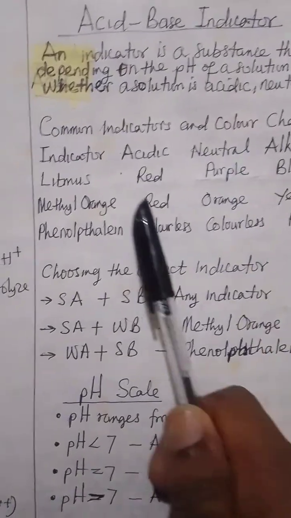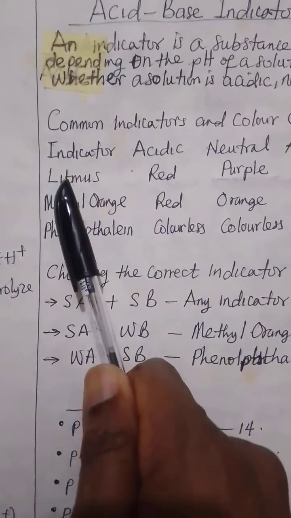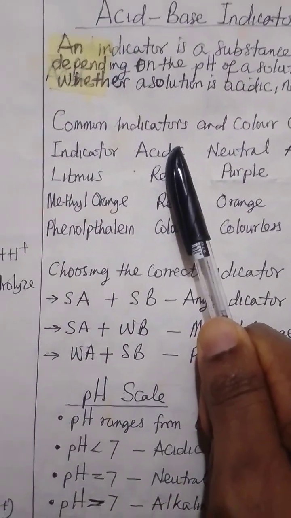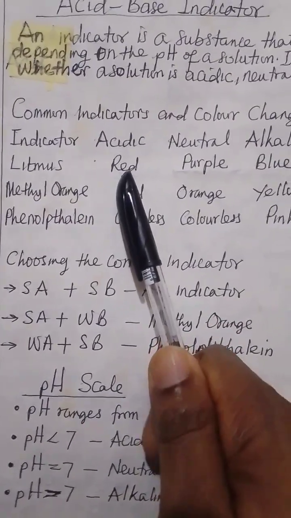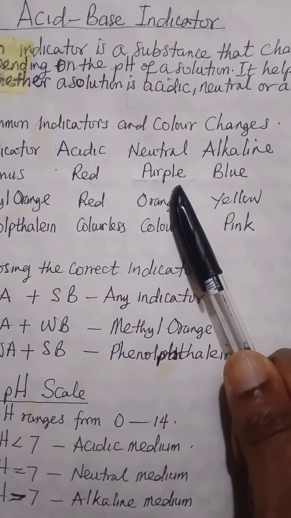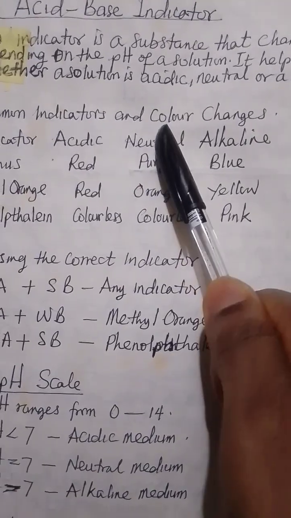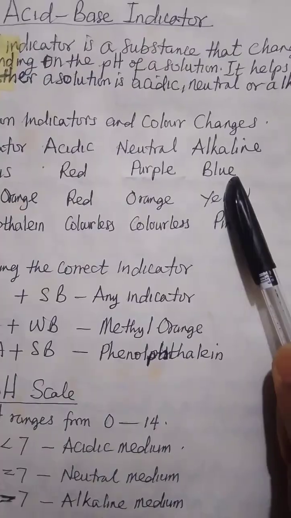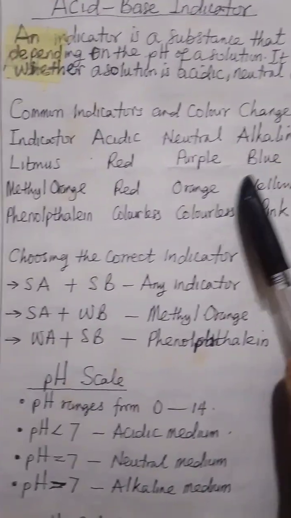So for litmus, under acidic medium it is red, the neutral, that is at endpoint, is purple, and the alkaline medium it is blue.